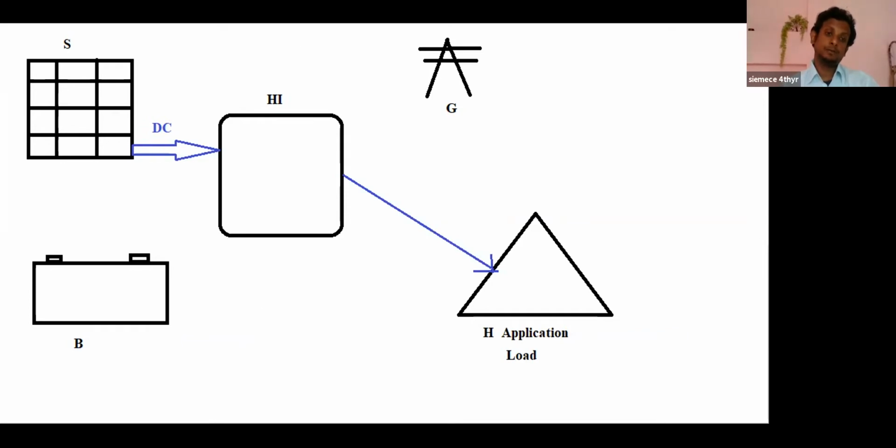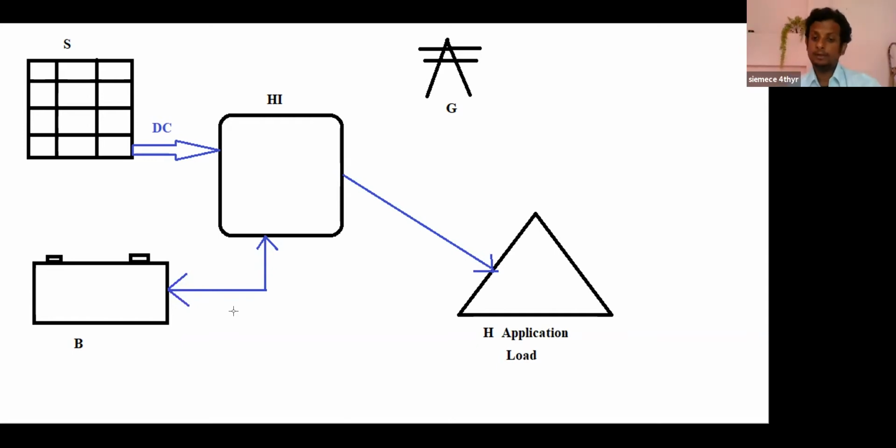For this backup system we normally use the battery. The battery can provide power to the inverter, and when the battery is discharged, it needs to be charged, so it will take power from the inverter. So it is two-way.